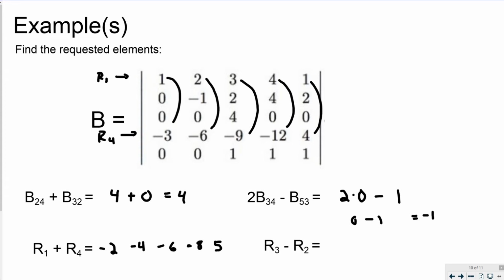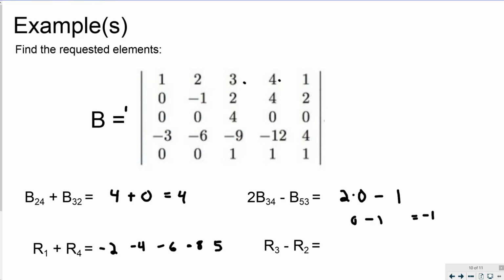The second row operation that I have here is telling me to take row 3 and take away row 2 from it. So first, row 3 is here. Row 2 is this one here.